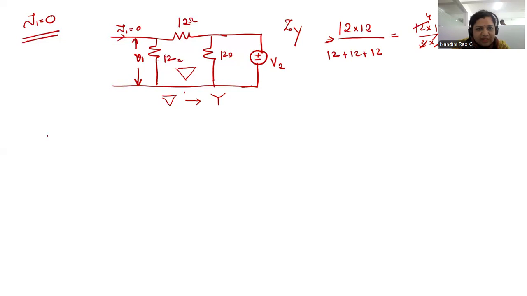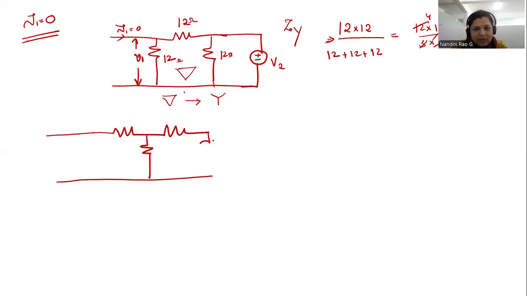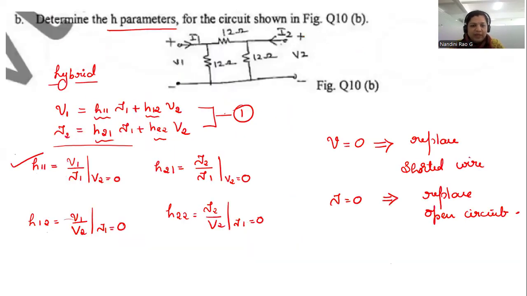So I will rewrite the circuit. Okay, this one is V2. Here I have 4 ohm, 4 ohm, 4 ohm, and this particular voltage will be V1. The current here is 0, and here there will be current. Okay, so now what I have to find? I have to find two things, H12 and H22.